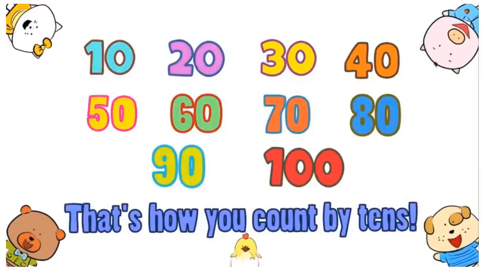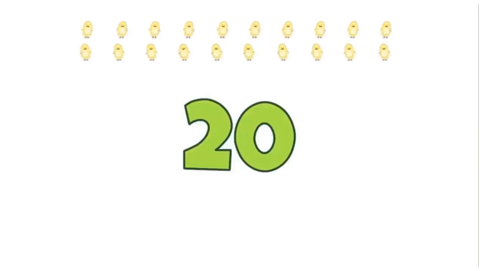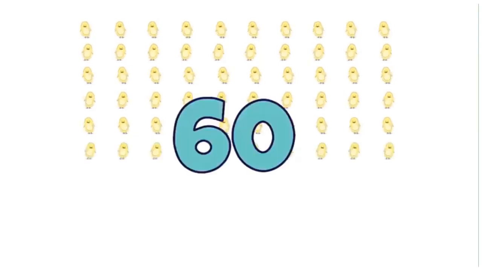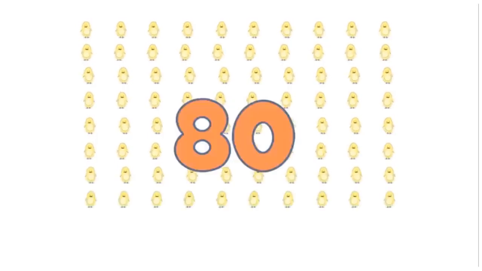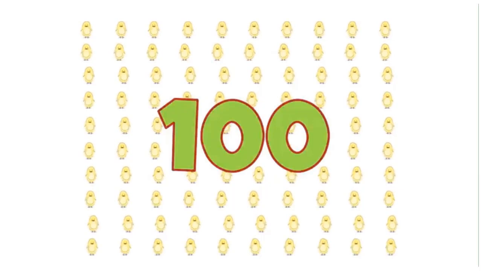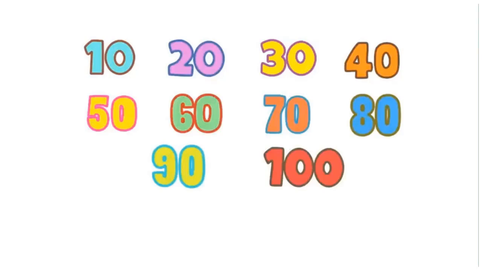That's how you count by tens. 10, 10, 20, 20, 30, 30, 40, 40, 50, 50, 60, 60, 70, 70, 80, 80, 90, 90, 100. 100! 10, 20, 30, 40, 50, 60, 70, 80, 90, 100.